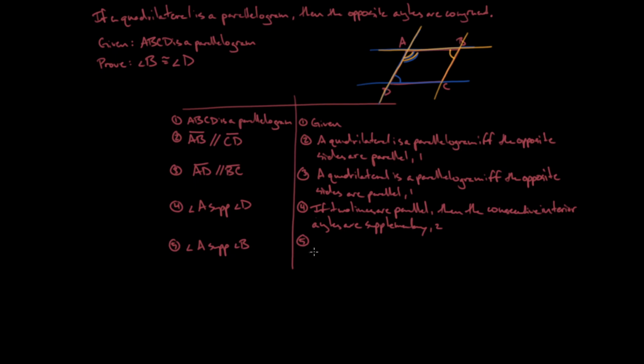All right, so it's going to be the exact same thing. If two lines are parallel... Where I'm going with this next is the congruent supplements theorem, and I'm almost done with this proof once I do that.